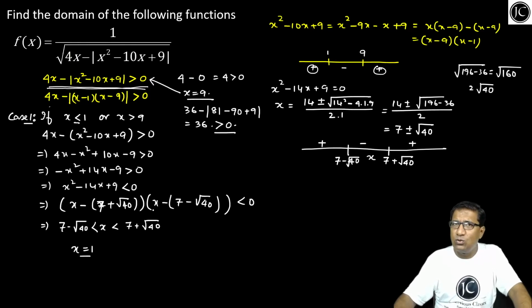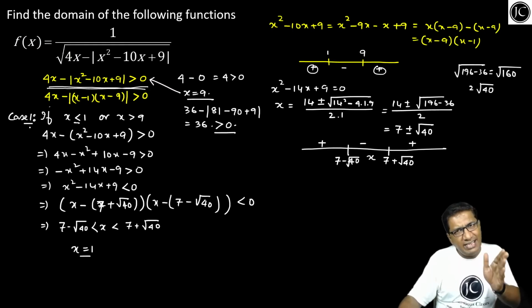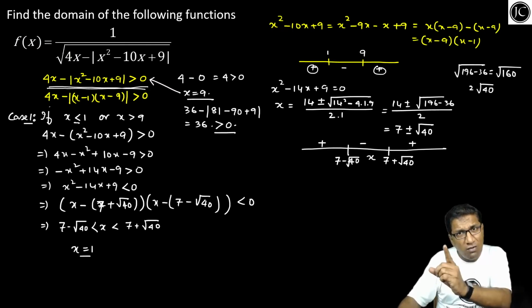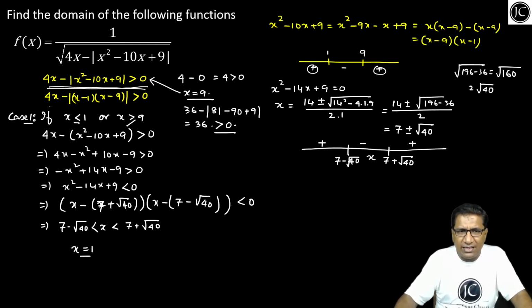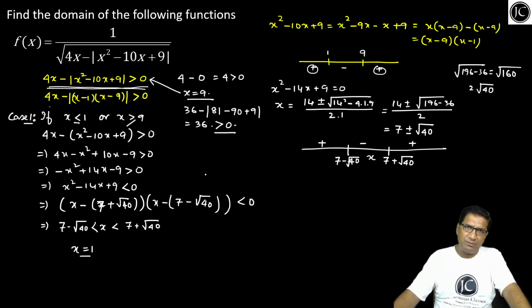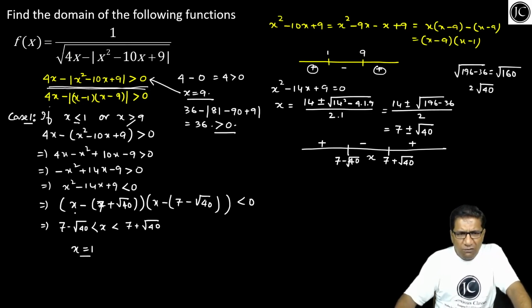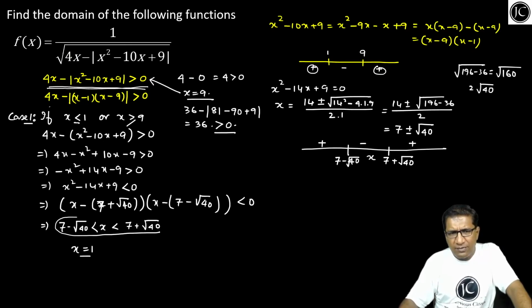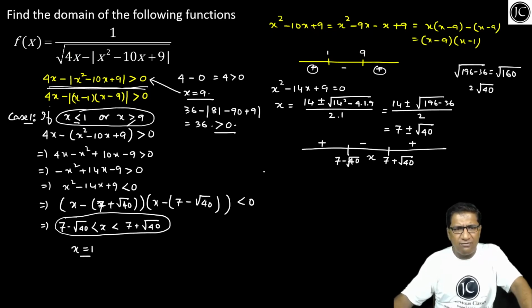What I tried to say is that in the first case, we will consider x is less than or equal to 1, or we will consider x is greater than or equal to 9, right? Now, if I want to find out the common region between this one and this one, what are we going to have?